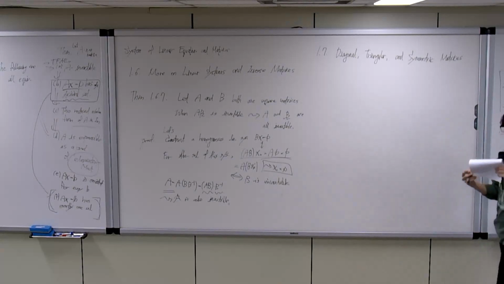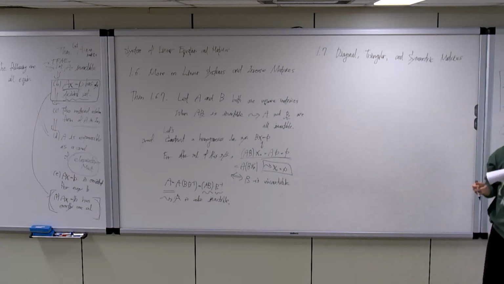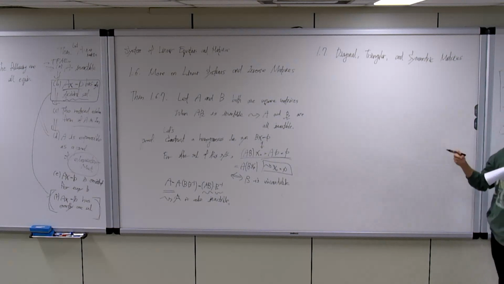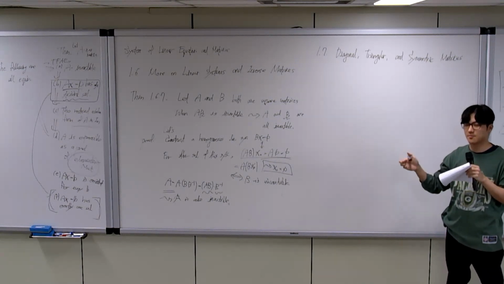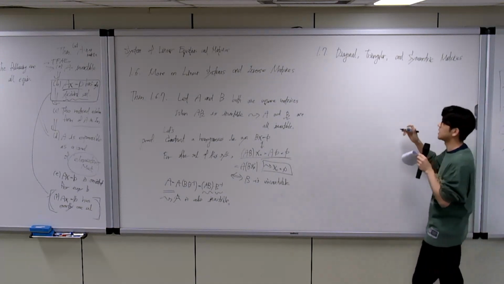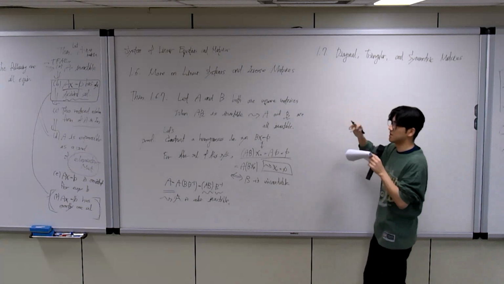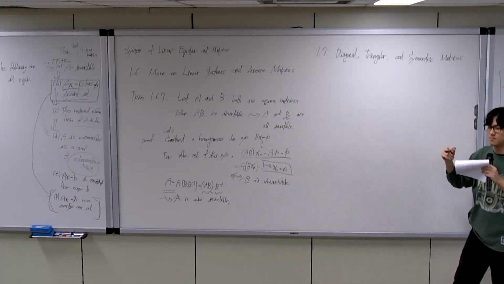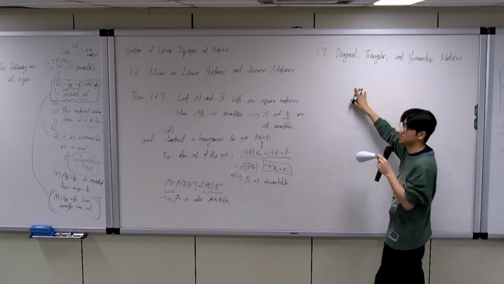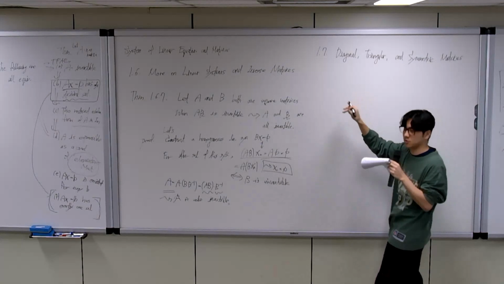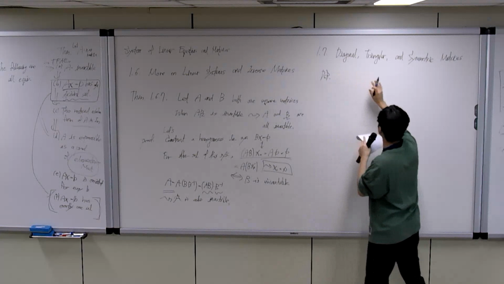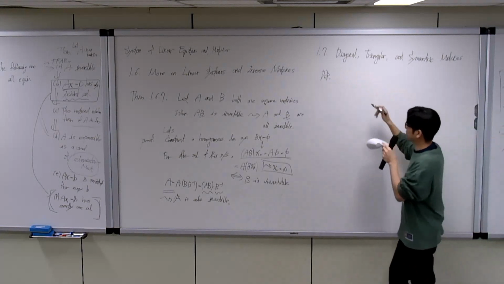In the definition of matrix, we just define it as rectangular arrays, and so there are some special forms of matrices, and we will divide them like this. We will name the special forms of matrix as diagonal, triangular, and symmetric. First one is diagonal matrix.